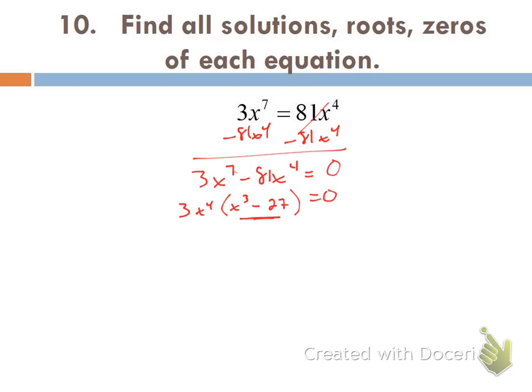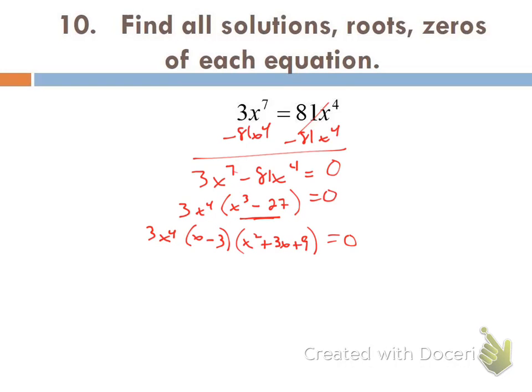So this is a difference of cubes. We're going to be able to factor with our cube formula. So remember that in our binomial, we need the cube roots, which are going to be x and 3. In our trinomial, we square the first cube root, we square the last cube root, and then for the middle term, we multiply the cube roots, and then we SOAP it.